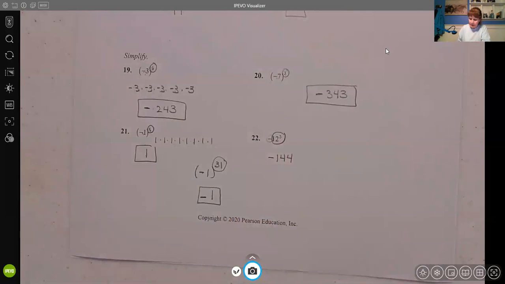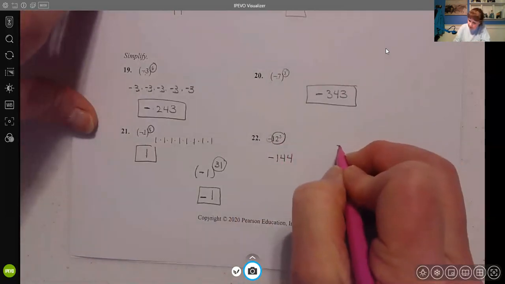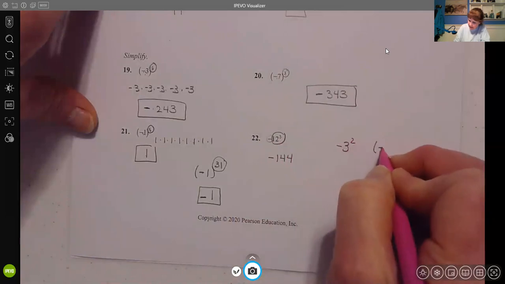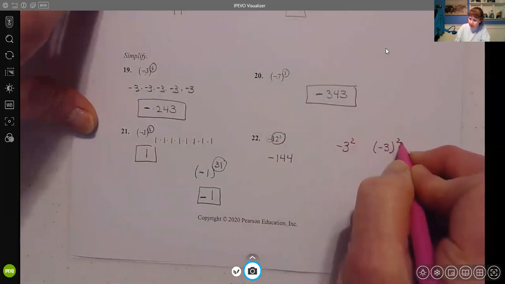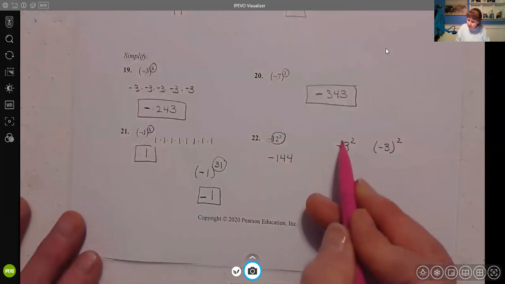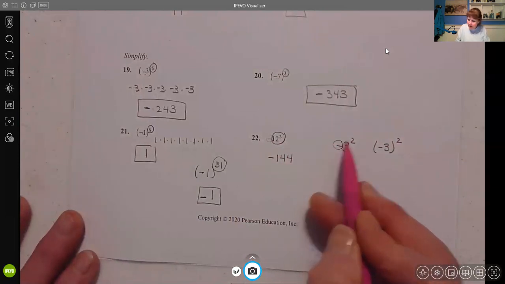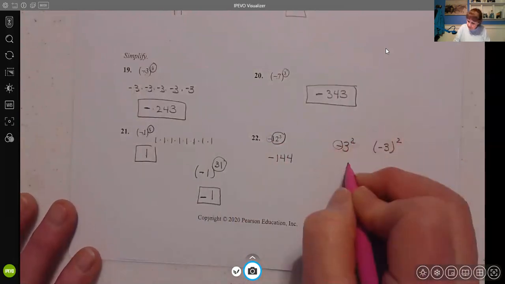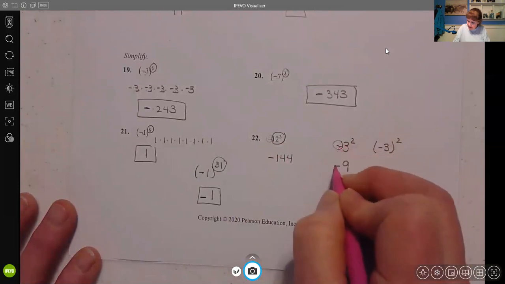So let's look at another idea. There's a difference between -3 squared and (-3) squared. Here, the negative is not a part of the squaring because it's not in the parentheses. So you square and then the negative stays.